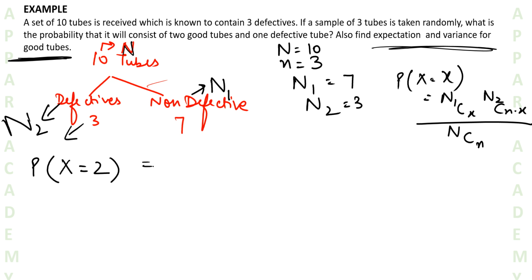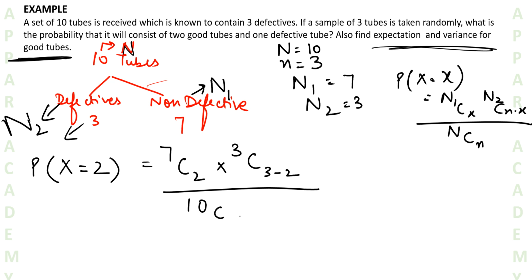So probability of X equal to 2 is N1Cx, where N1 is 7, so 7C2, into N2 is 3, so 3C(n minus x), which is 3 minus 2, upon capital N is 10, so 10C3. So this is simply 7C2 into 3C1 upon 10C3. Let's solve this out.